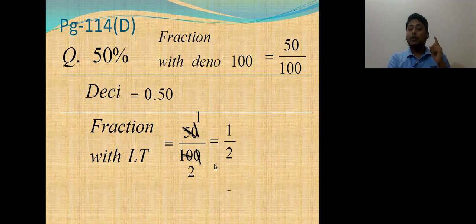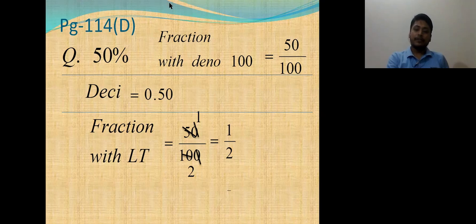If you can write it as a percentage, then you can change to any number, like fraction with denominator 100, decimal, or fraction with lowest term. So first of all, whatever number is given, your target will be to find out the percentage value of that. Then from percentage, you can go for the denominator 100, the decimal, or the fraction with lowest term.